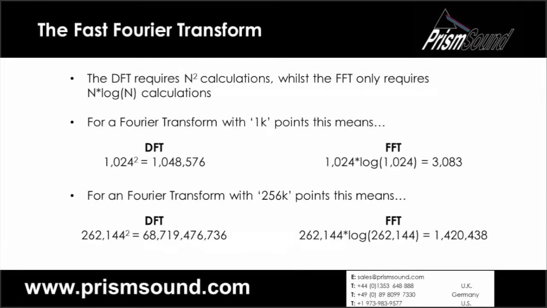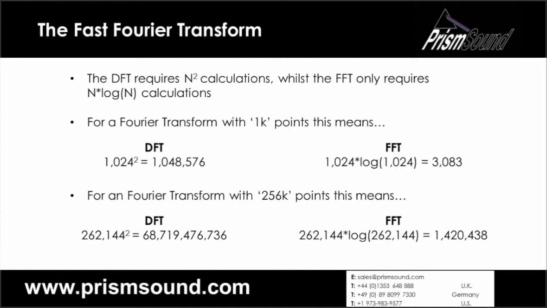And we've got a little bit of a practical example of the kind of time differences that it takes between these two methods. The discrete Fourier transform takes n-squared calculations, whilst the FFT only requires n times log n calculations, where n is the number of FFT points we're using.